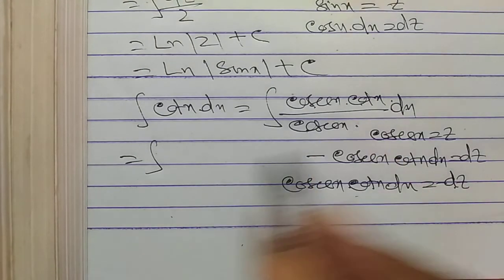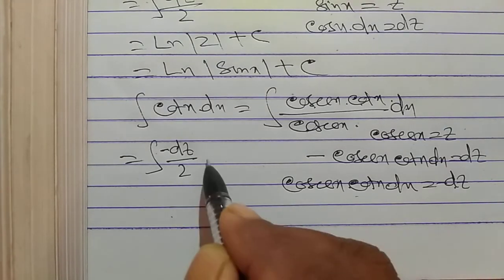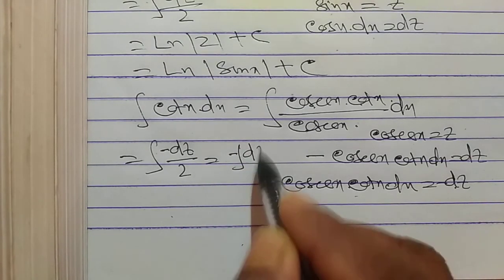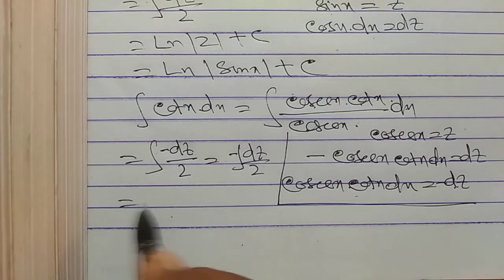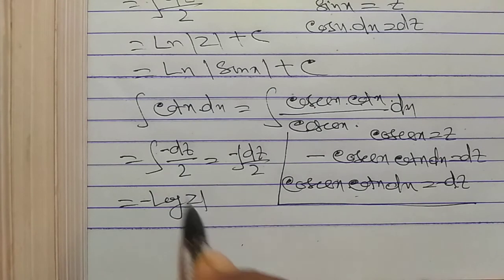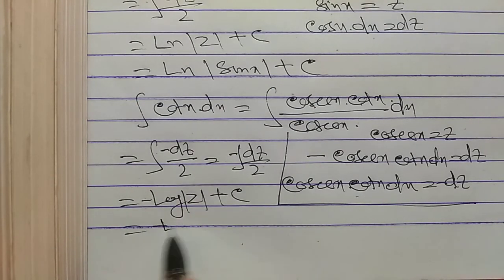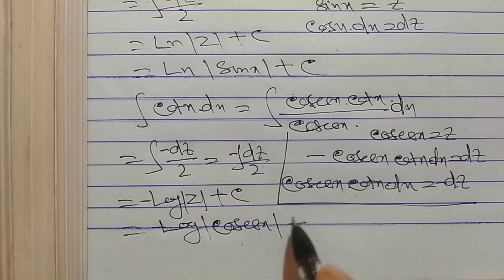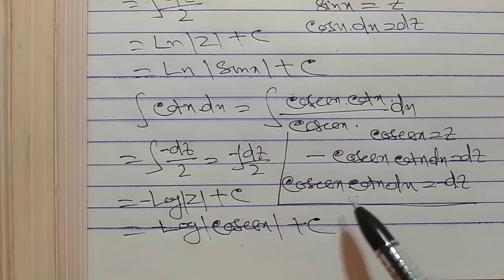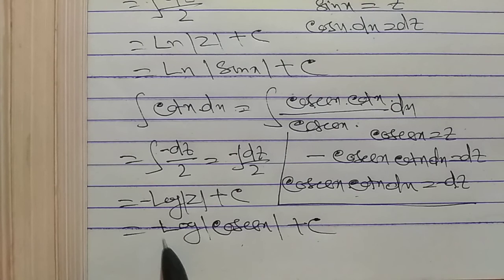So that is minus dz by z, which is equal to minus log z plus c, that is equal to minus log of cosec x plus c. So we have integration of cot x dx is equal to minus log of cosec x plus c.